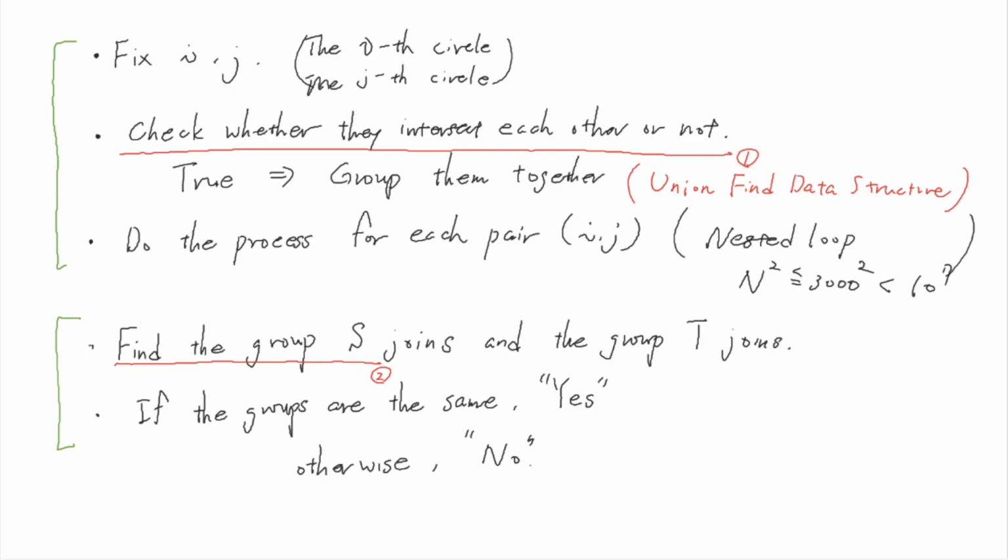In this problem, we use a nested loop for n and n. That means the time complexity is at most n squared, but n is at most 3000. So 3000 squared is less than 10 to the 7th. So that's enough to carry out.